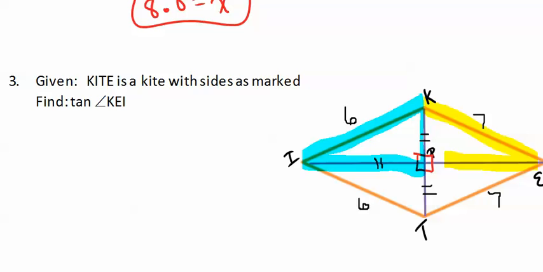So, if we look at that triangle, the little left side, KIP, and we know that this is congruent to this, and this has a side length of 6.